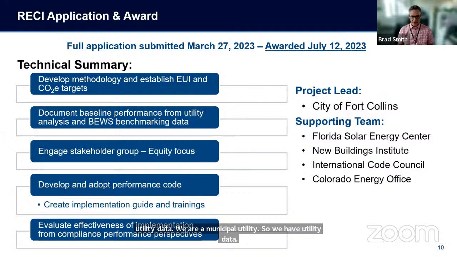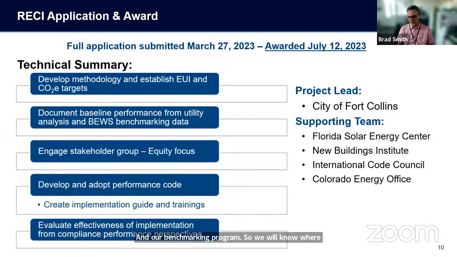So we will know where buildings are starting right now, and we will know what it's going to take to reach 2030. The plan is to engage a stakeholder group. There's going to be a big equity focus on this. This has been a bit of a challenge for me. I didn't realize the equity component takes a lot of work if you're really going to do this in a meaningful way. The plan then for us is to develop and adopt this performance code.